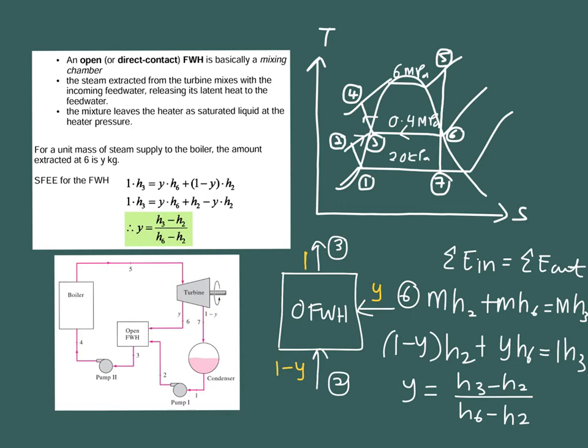So we substitute into this equation and then rearrange it, and we get this y value. We can find the y value from this, right? So it's the same as your notes here. The derivation of this actually comes from the energy balance in your open feed water heater.